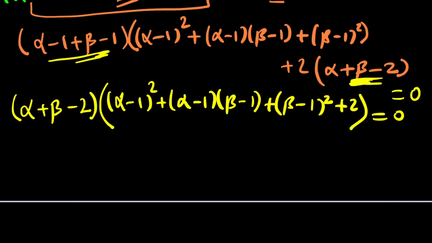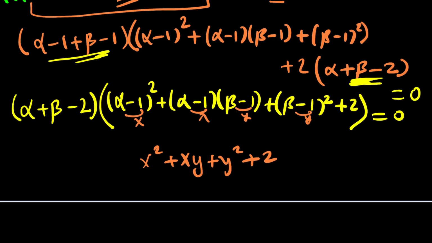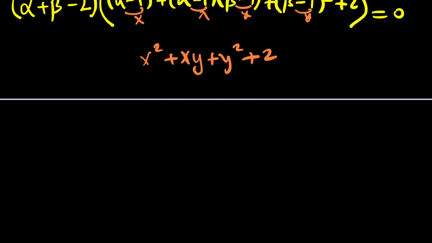Now, what's really, really cool about it is that the second factor, you got to know this. If this is equal to x, let's say, and this is equal to y, you're basically looking at x squared plus xy plus y squared plus 2. And one thing you should know, in factoring sum or difference of 2 cubes, one of the factors gives you a nice solution, the other one doesn't, because it's always positive.